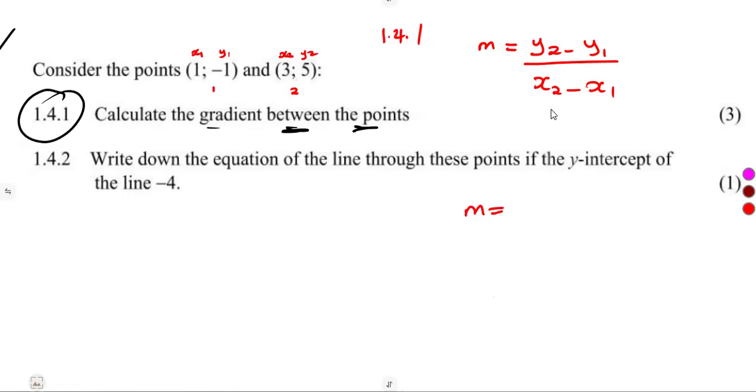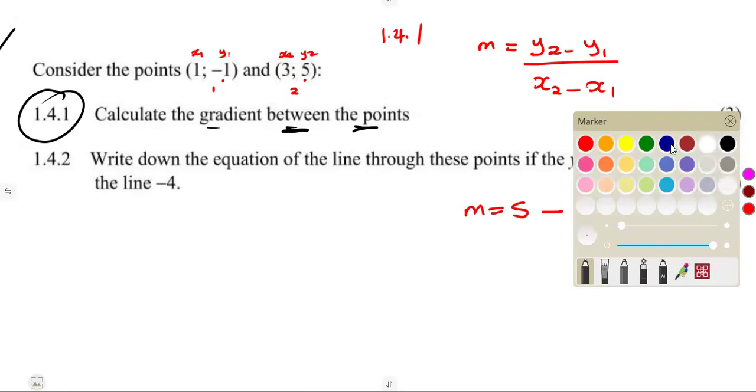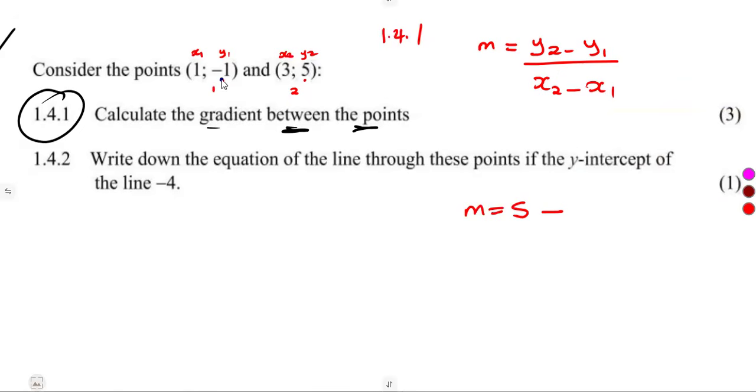Let's substitute. What is the y2 according to the points? Y2 is 5, minus y1, which is minus 1. So the minus here is for the formula, but the y value that we are having here is a negative, so that's -1. Everything over x2, which is 3, minus x1, which is 1.